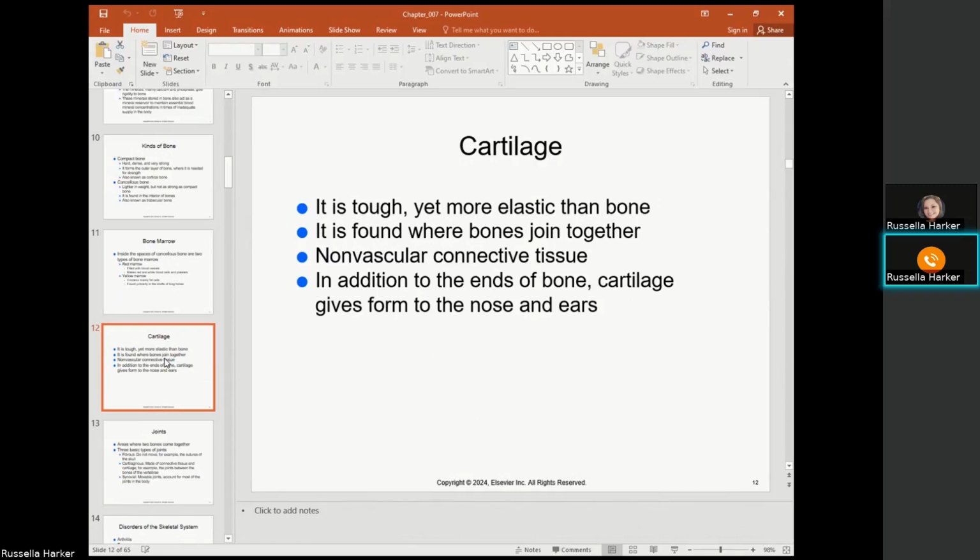Cartilage is tough, but it's more elastic than bone, and it's found where your bones join together. It's non-vascular, meaning that it doesn't have any blood vessels, so it's not going to bleed. It's connective tissue, and in addition to the ends of bones, cartilage gives form to the nose and ears.